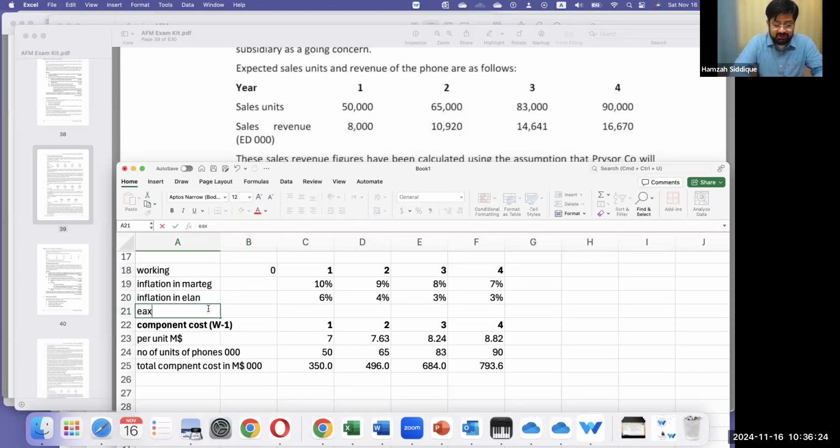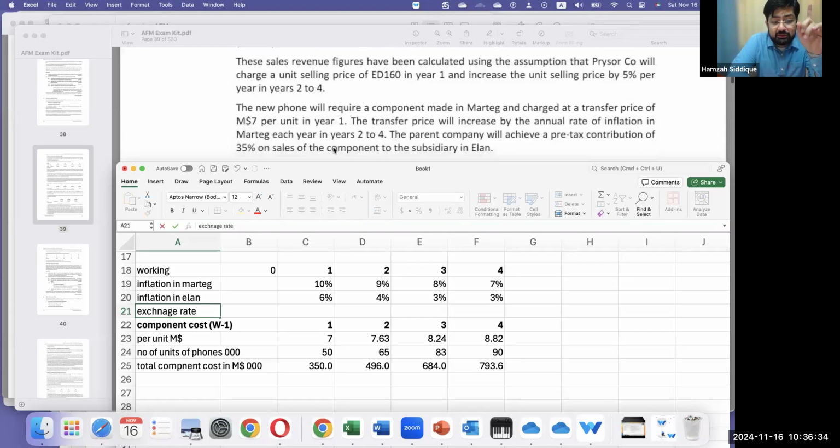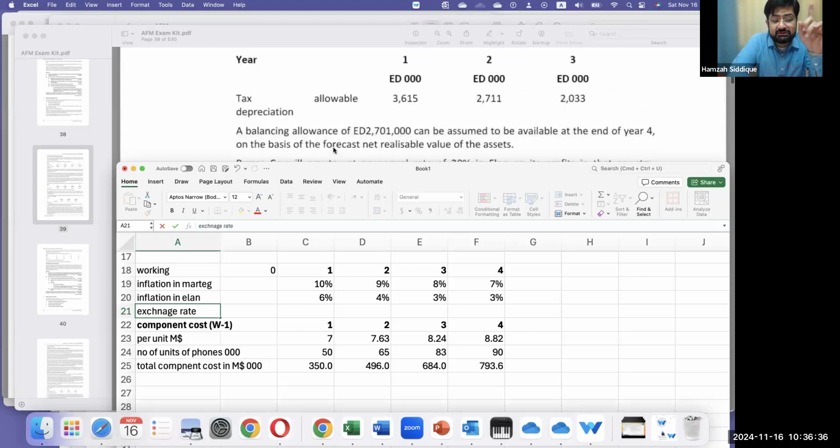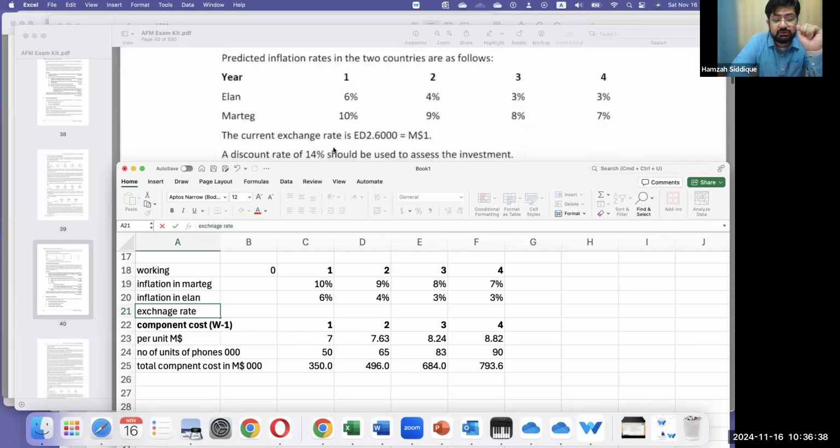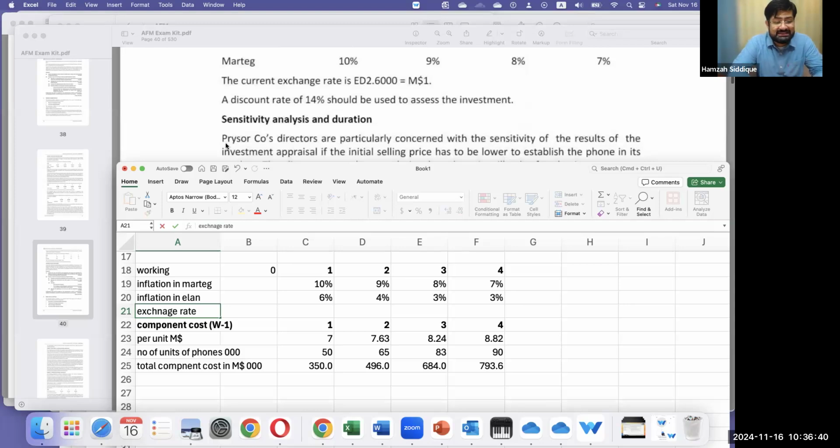Remember, we need to calculate through purchasing power parity theory, if you remember that. What is the current exchange rate? Right now, it is 2.6 ED per M dollar.